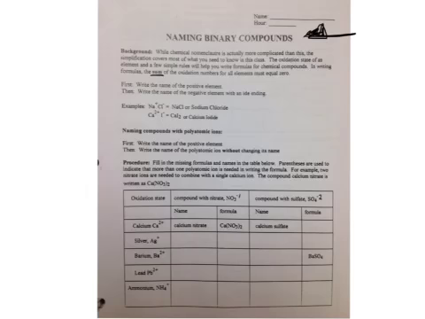The first thing you're going to need to do is write the name of the positive element. So in our example down here, you can see that sodium is the positive ion because sodium gives up one electron to become a +1 positive ion. So you're going to write sodium. Then you're going to write the name of the negative element but with an IDE ending.